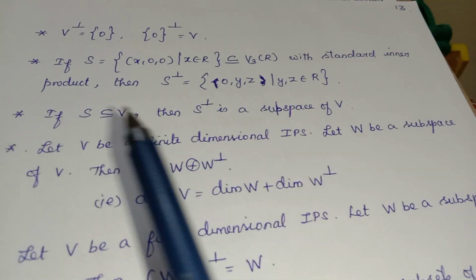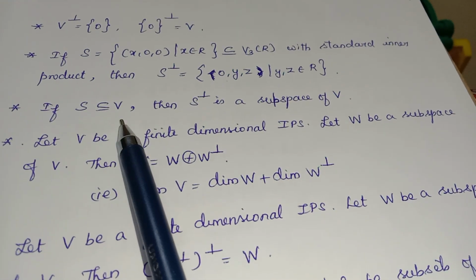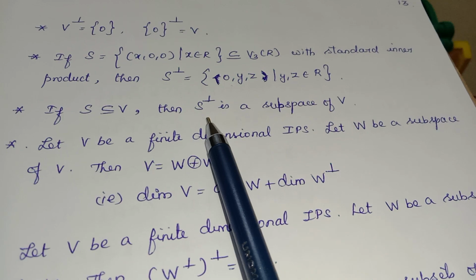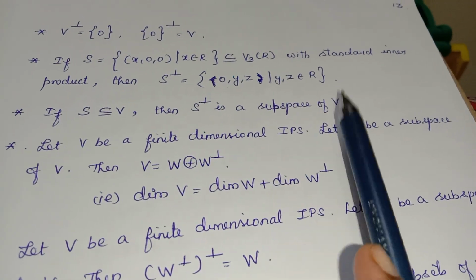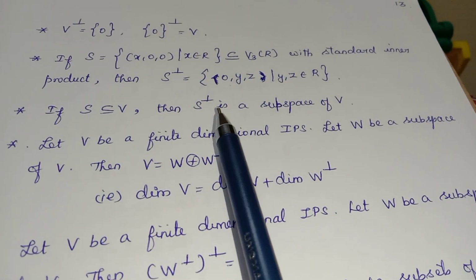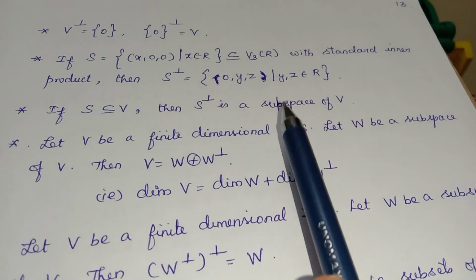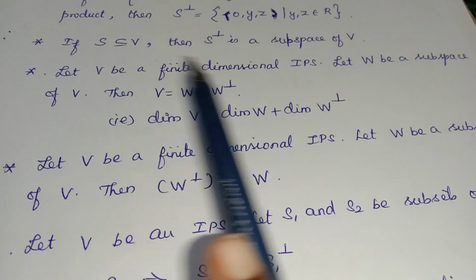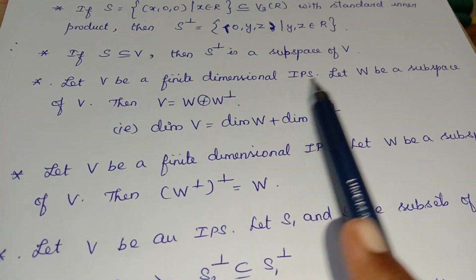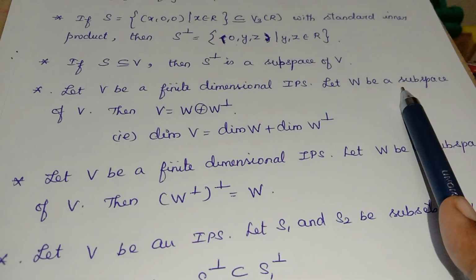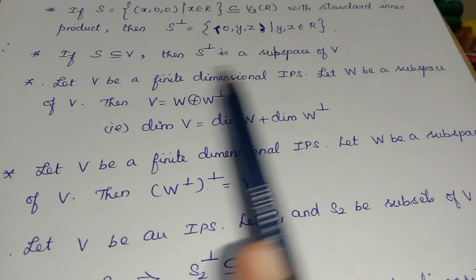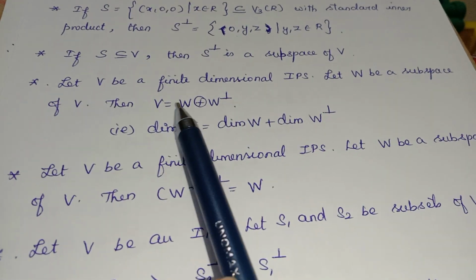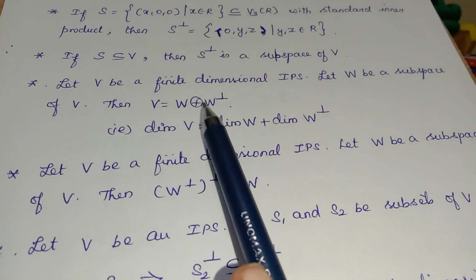Next one, if S is any subset of V, then the orthogonal complement of S is a subspace of V. S need not be a subspace, but the orthogonal complement of S will definitely be a subspace of V. Next one, suppose V is a finite dimensional inner product space and W is a subspace. Then V is the direct sum of W with its orthogonal complement.